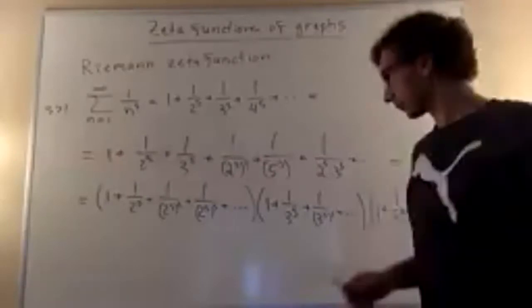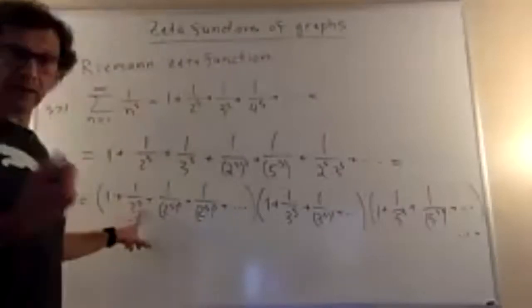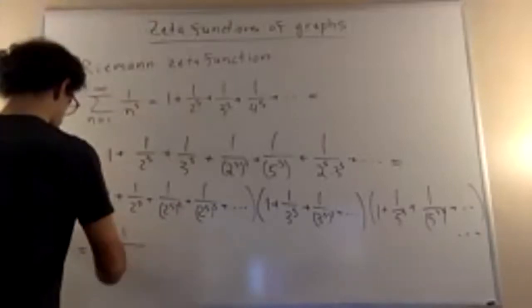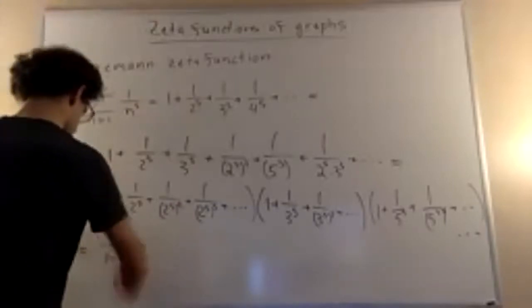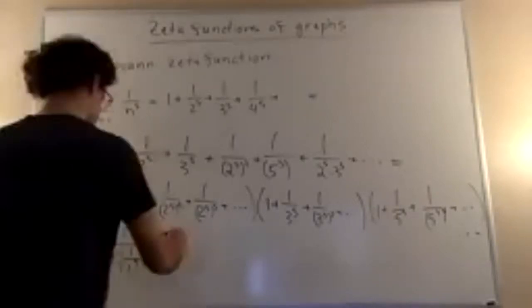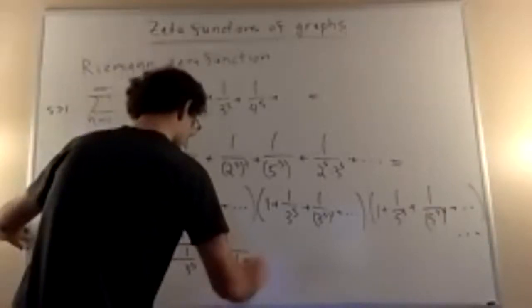But each of these terms is actually just a geometric series with ratio 1 over p to the s, where p is a prime number. So what this is going to be is 1 over 1 minus 1 over 2 to the s, times 1 over 1 minus 1 over 3 to the s, times 1 over 1 minus 1 over 5 to the s, and so on.